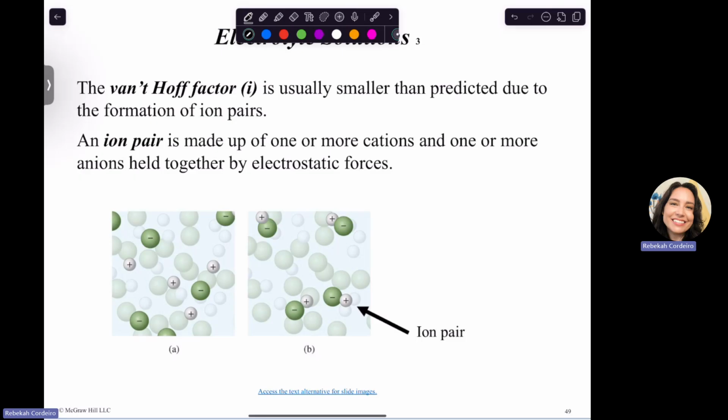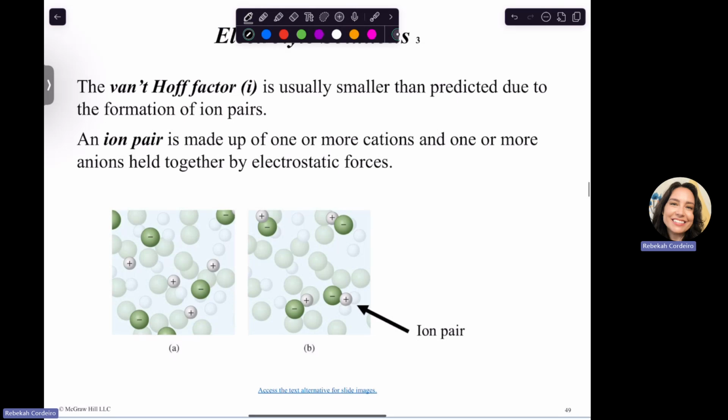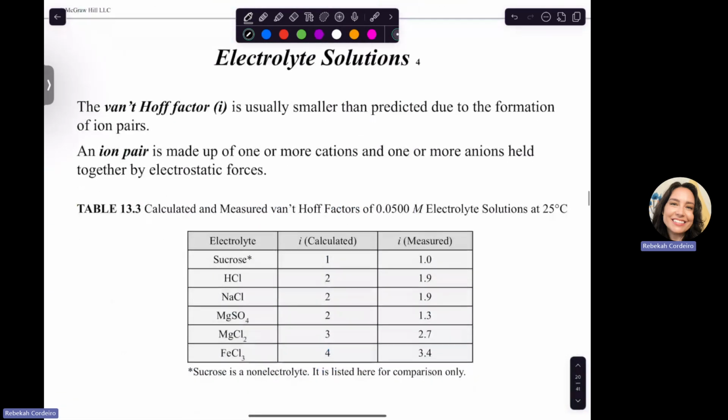So our Van 't Hoff factor is sometimes smaller than we think it's going to be, because some of our ions are going to stay chunked together. We can calculate our Van 't Hoff factor. For non-electrolytes, it's going to stay the same because we don't have that ion effect, so 1 is not going to become less than 1.